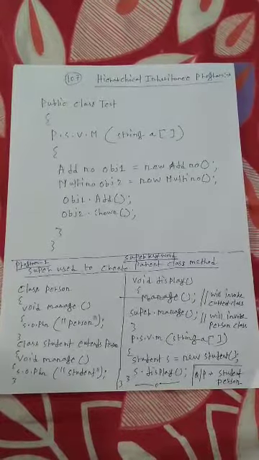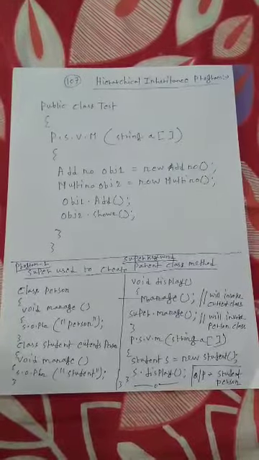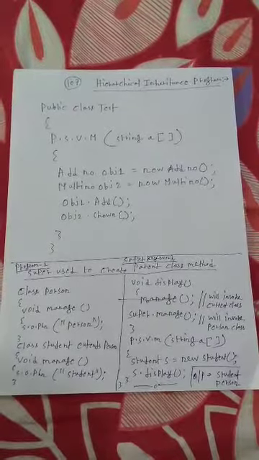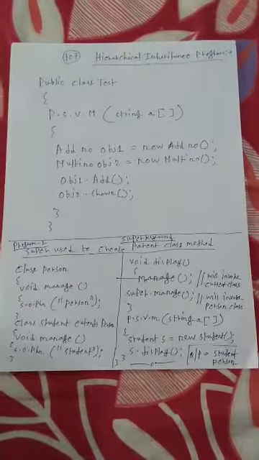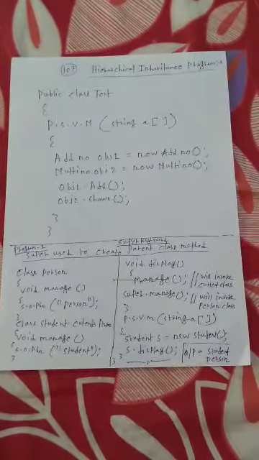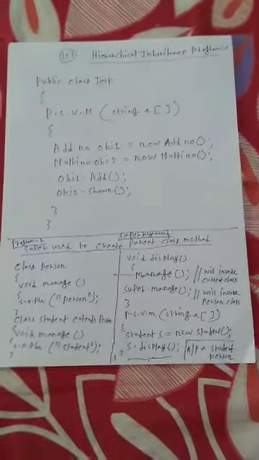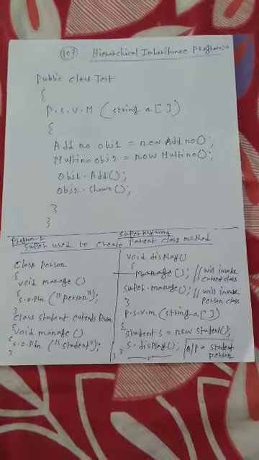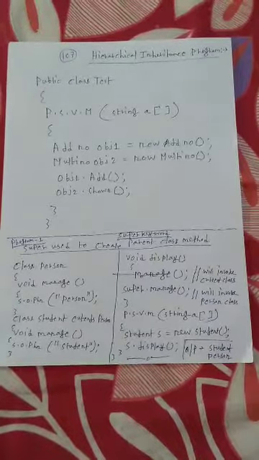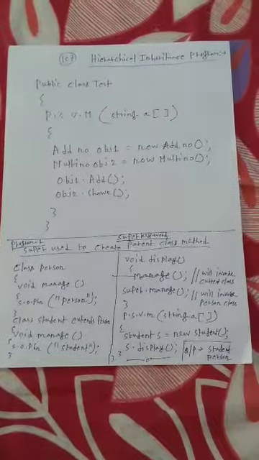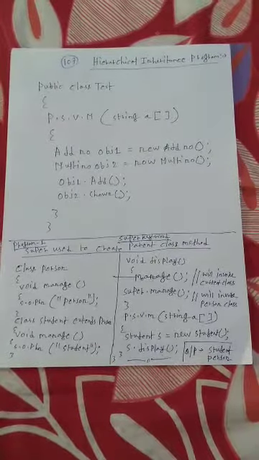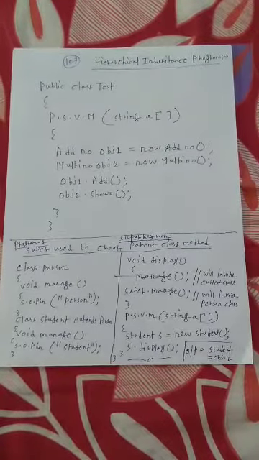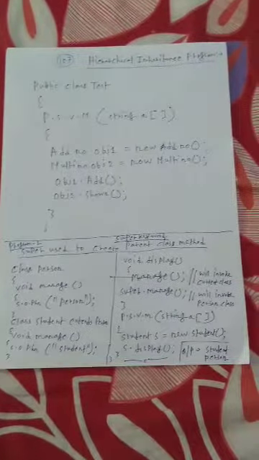If you call the super dot manage function, then it will invoke the current class, and super dot manage will invoke the Person class. So in public static void main, the output will be Student and Person. If you call s dot display, and a Student object s will be created, so s dot display, then for the manage function the Student part will be printed, and for the super dot manage function the Person will be printed.